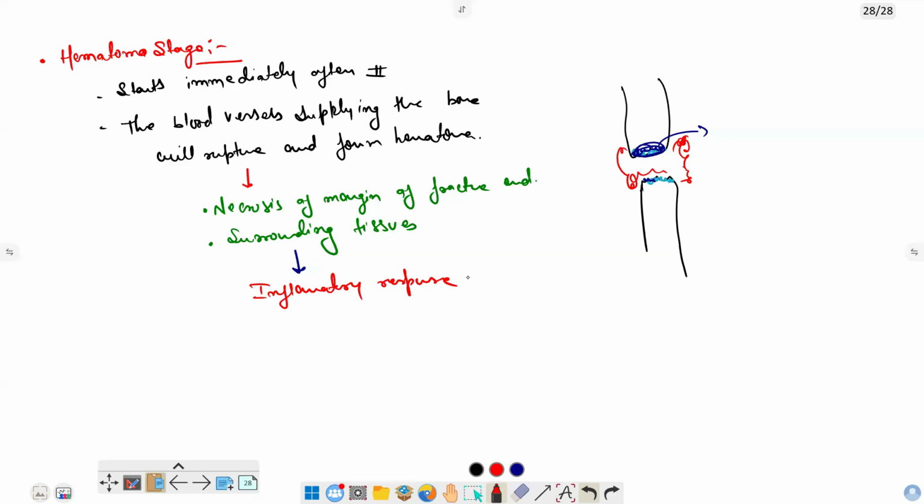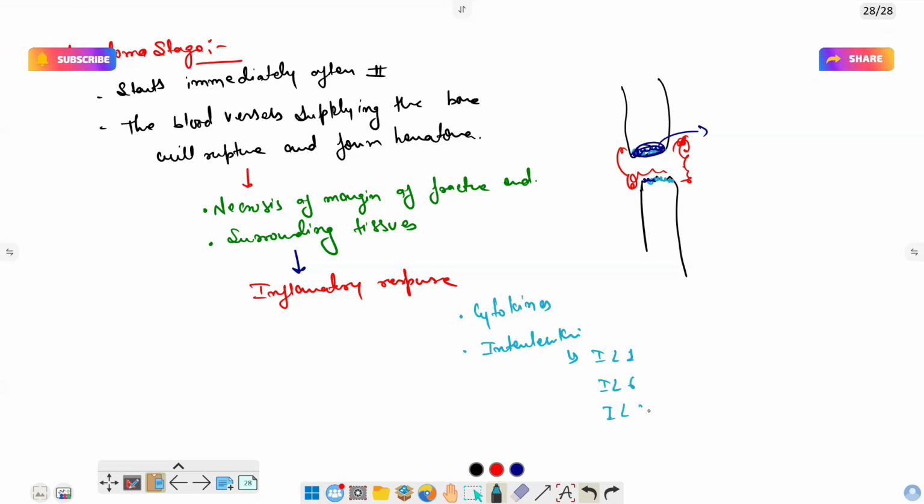Because of the necrosis of the margin of the fracture end and the surrounding tissues, they will release pro-inflammatory mediators like cytokines. Then there will be the release of interleukins, majorly interleukin 1, interleukin 6, and interleukin 23. These all will be released at that site.